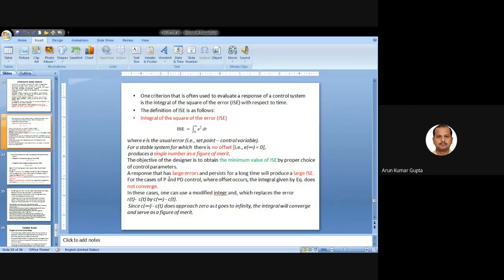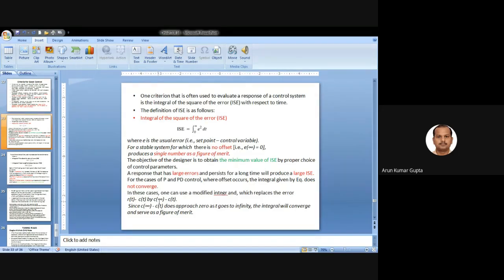For the case of P and PD controllers, where the offset occurs, the integral does not converge. In this case, one can modify the integral and replace the error. So if there is a large error, we can define the error as r(t) minus c(t). This is input, this is output; r(t) is the set point, and c(t) is the controlled variable.